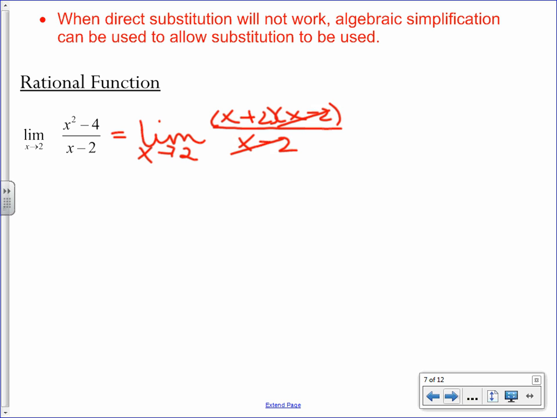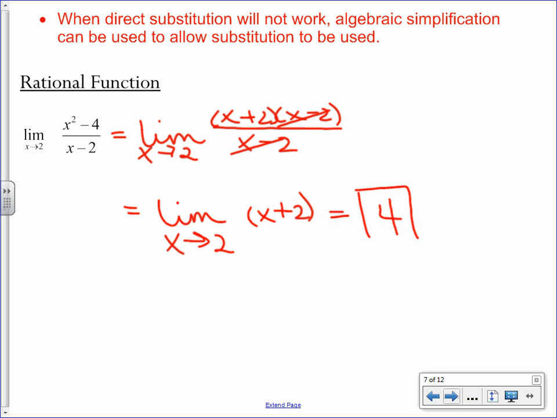We factored, we canceled out factors, so what's happening at x equals 2? We have a hole. So what we can do is evaluate the limit as x approaches 2 of x plus 2. Can we use direct substitution here? What is it? 4. Okay. You don't have to graph it, but let's talk about why it is 4.